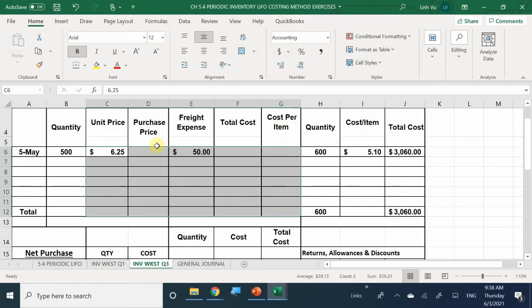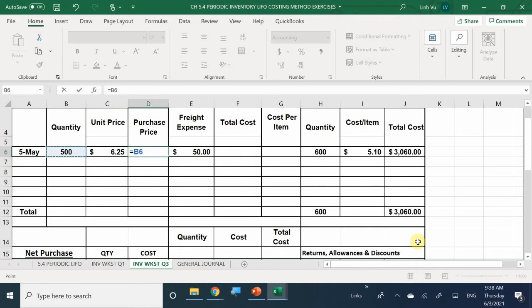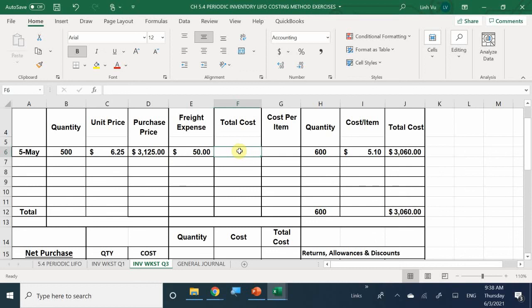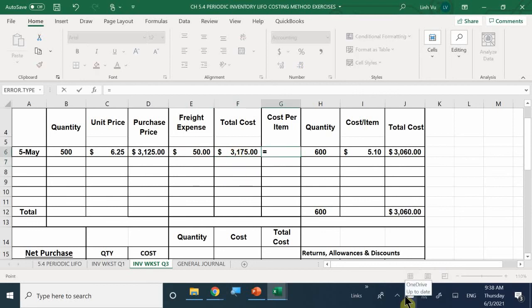All right. So what's going to be my purchase price here? 3,125. What's my total cost going to be? 3,175. Therefore, what is going to be my total cost per item? $6.35.